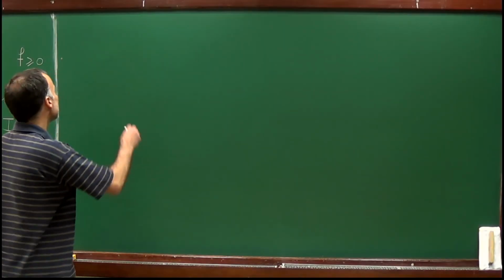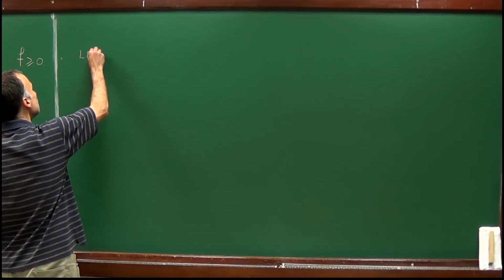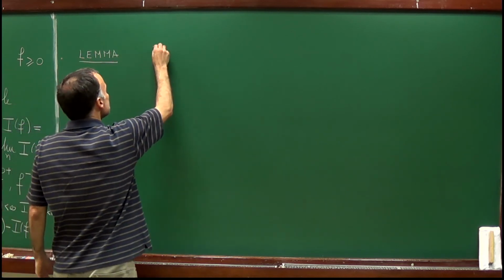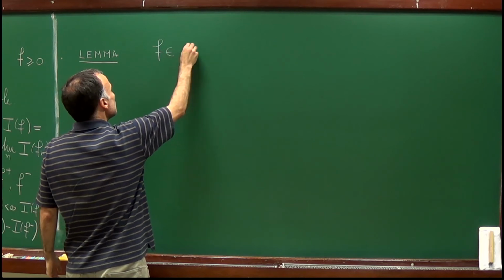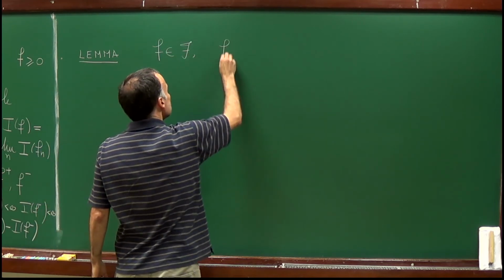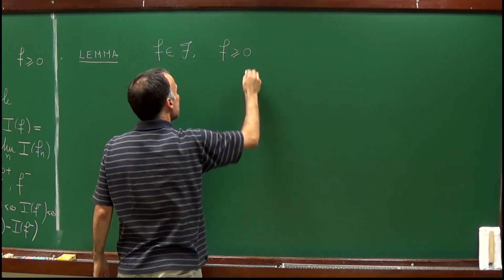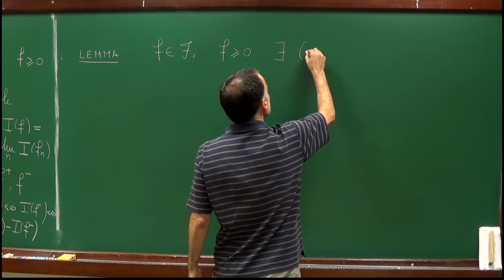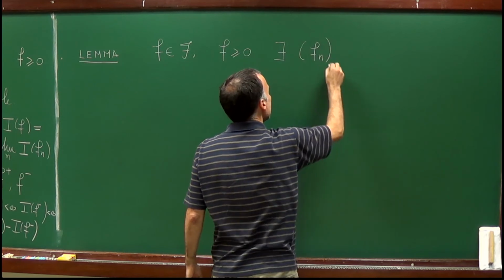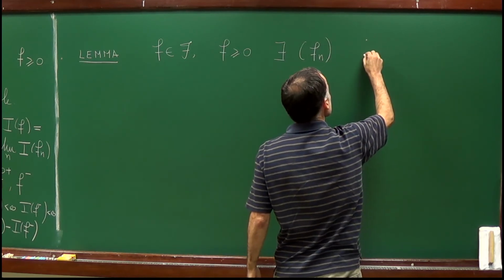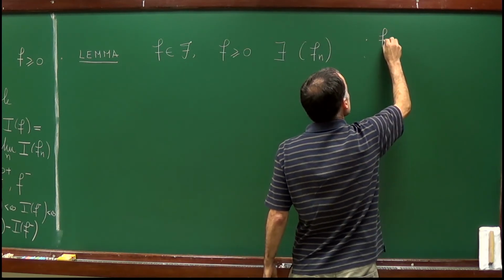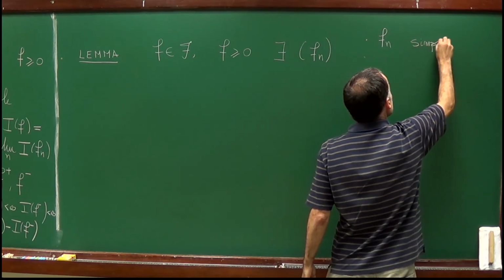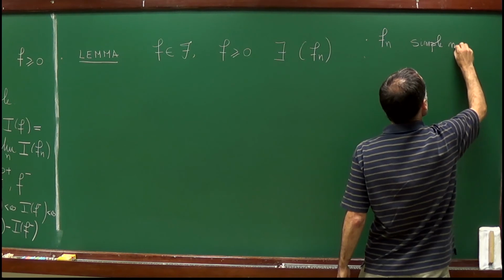So let me state the lemma. Let's consider a function f which is measurable and non-negative. I want to prove that there exists a sequence fn which has three properties. For each n, fn is a simple non-negative function.